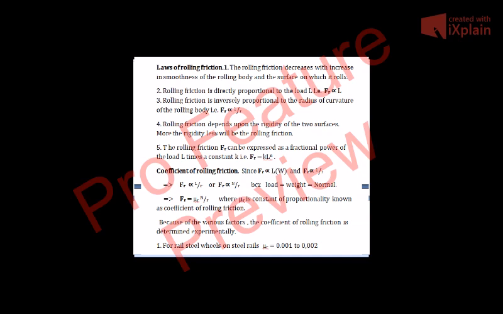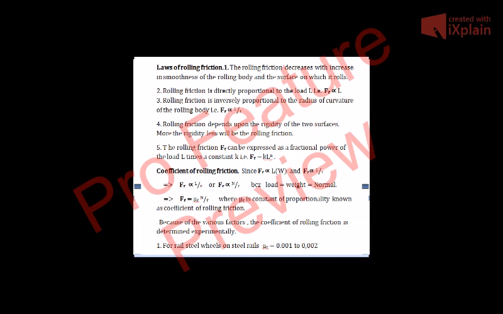If the two wheels are of the same radius, in the case of the horse cart the rolling body, that is the wheel of the horse cart, is more rigid than the wheel of the truck. So the rolling friction of the wheel of the horse cart will be smaller as compared to the wheel of the truck because of the rigidity. Rigidity means hard.